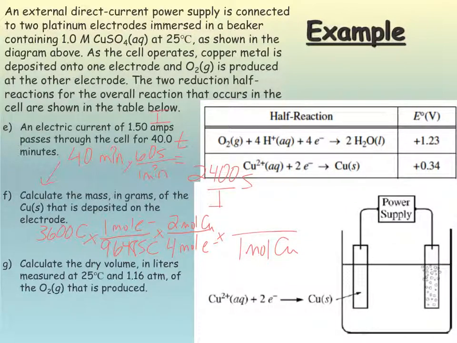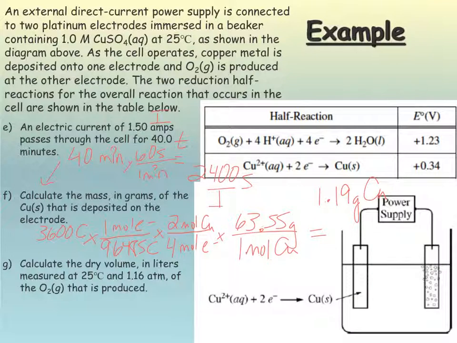I know that the molar mass of copper is 63.55 grams. So multiply, divide, and you get 1.19 grams of copper.